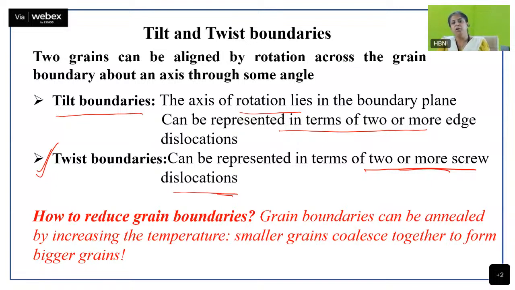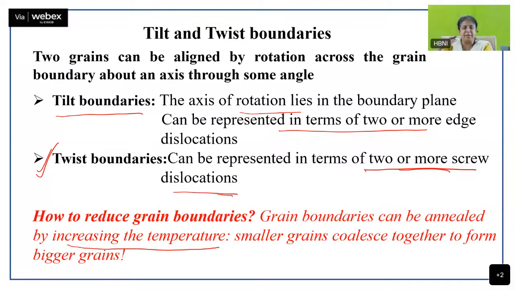Okay, how can I reduce the grain boundary? Many times, if I'm working on ionic conductors, grain boundaries have much higher resistance than the grains. I would not want my material to be highly resistive. I would want to decrease the grain boundary. How can I do that? The grain boundaries can be annealed. Annealed means leveling out. Grain boundaries can be annealed by increasing the temperature.